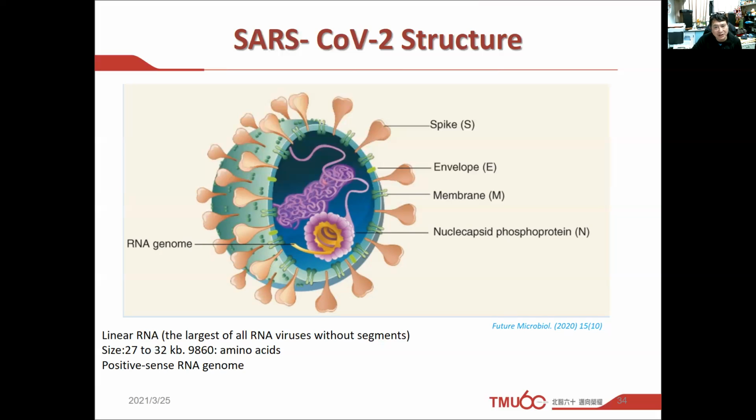The first one is the nucleocapsid phosphoprotein, the short name is N. Another one is the membrane protein. Another one is the envelope protein. And the most important protein is spike, the short name is S, which is very important for binding the ACE2 receptor in host cells.